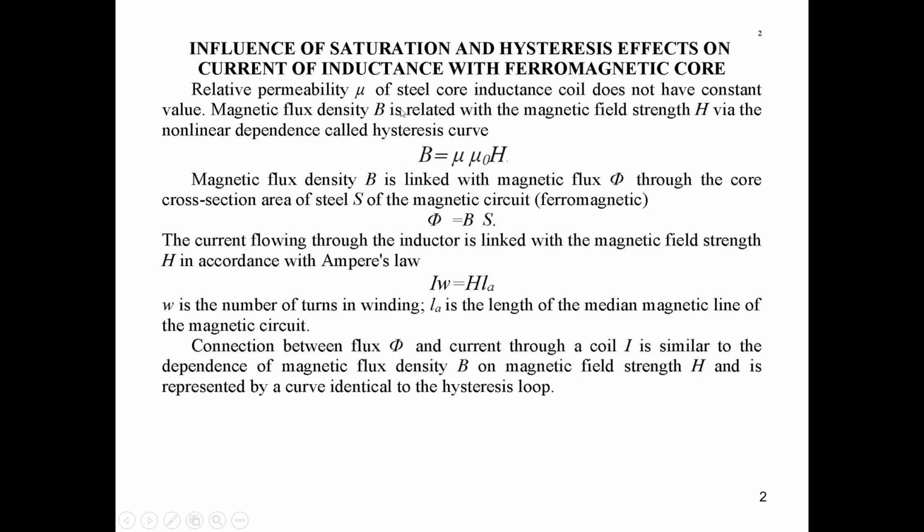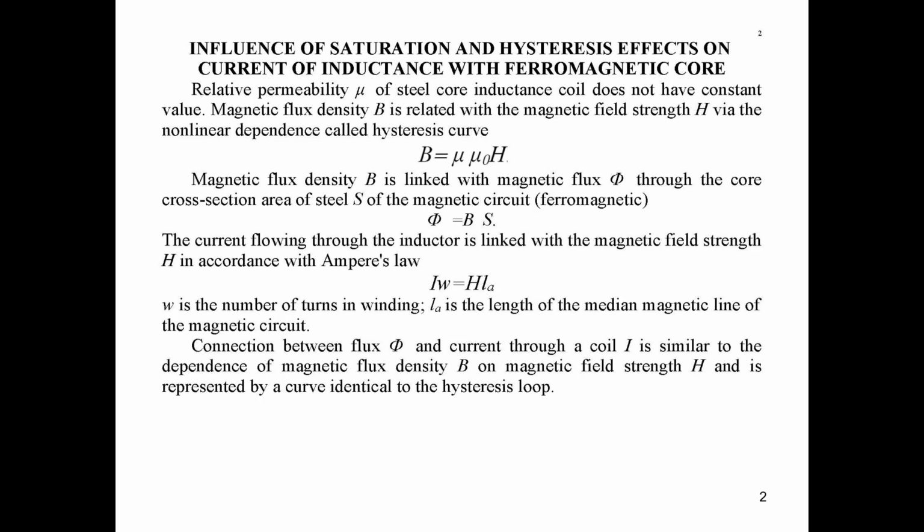Magnetic flux density B is related to magnetic field strength H, or magnetic field intensity, by the dependence B equal to mu mu 0 H. I told you about such dependencies at the end of our previous semester.